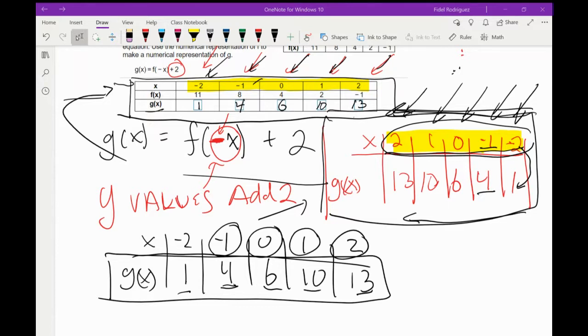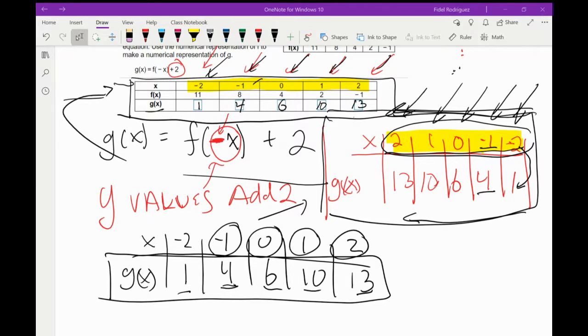What I want to do here is see if I can regenerate the same problem. We already did it. Let's put the right answers in: 1, 4, 6, 10, and the last one was 13. There we go.